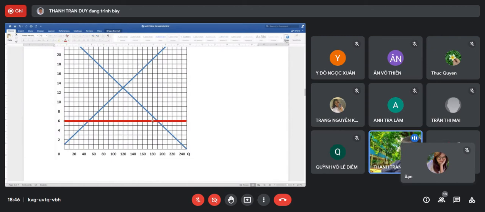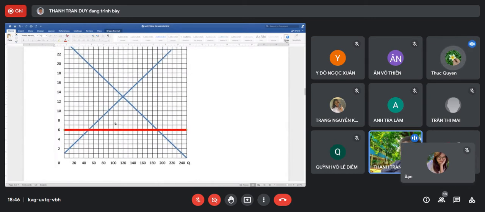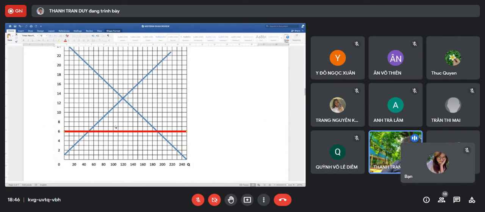Is it a binding or non-binding floor? In this situation, binding or non-binding floor? Remember, floor. Binding and non-binding. Is this a binding or non-binding floor?